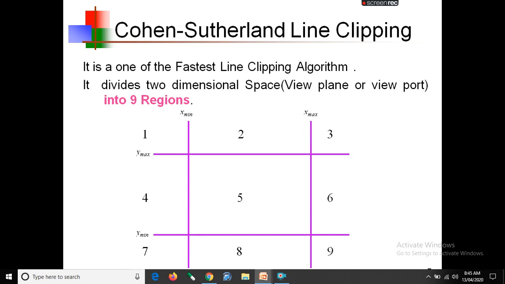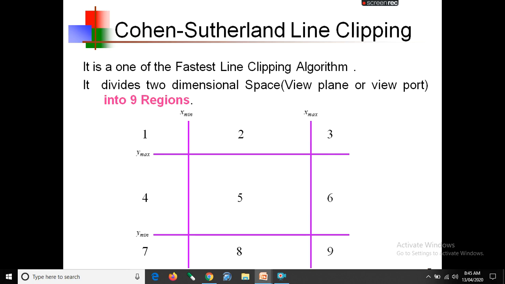If any part of the object lies other than the region called 5, either in area 1 or 2 or 3, 4, 6, 7, 8, 9, then we need to perform clipping on that part of the object. So this is one of the requirements of the Cohen-Sutherland line clipping algorithm.